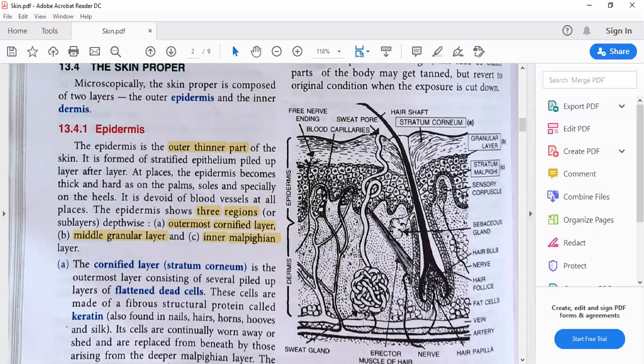So the epidermis is giving you some holes. The sweat pores open here. It is the outermost layer which provides protection, an entry point and an exit point also. Sweat also comes out through it.